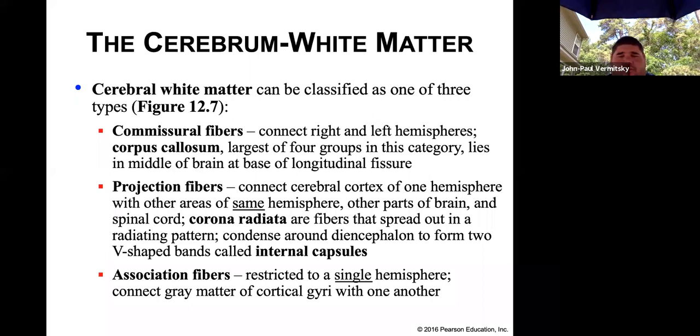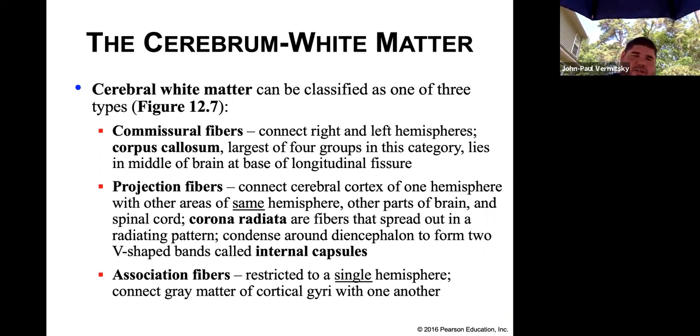Projection fibers connect the cerebral cortex of one hemisphere with other areas of the same hemisphere, other parts of the brain, and spinal cord. These fibers that are spread out in a radiating pattern are referred to as the corona radiata. You also have condensed areas around the diencephalon to form two V-shaped bands called internal capsules.